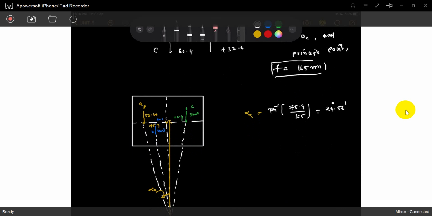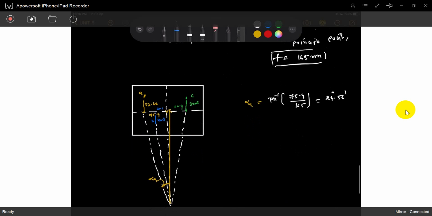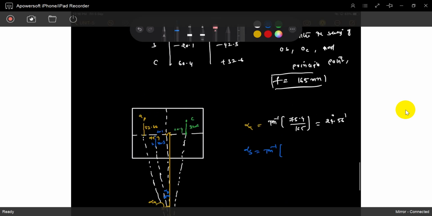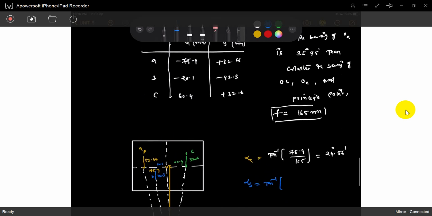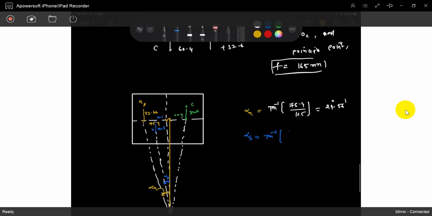Next, this is alpha B, the horizontal angle for point B from the principal plane. Alpha B is tan inverse of the horizontal distance, 20.1 by 165.